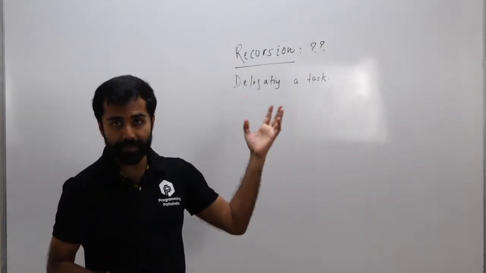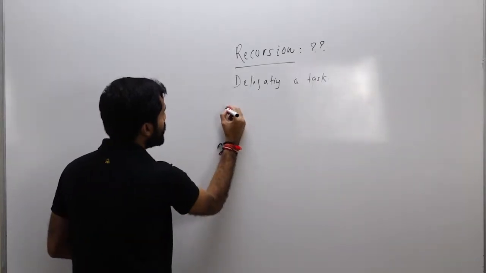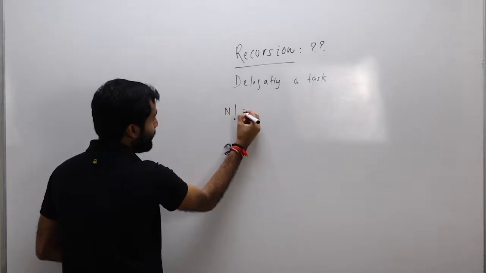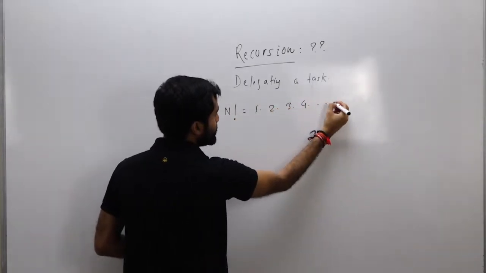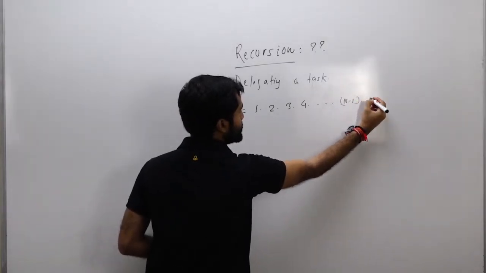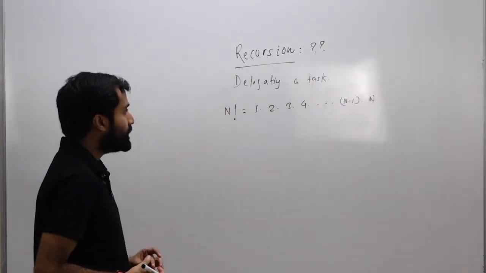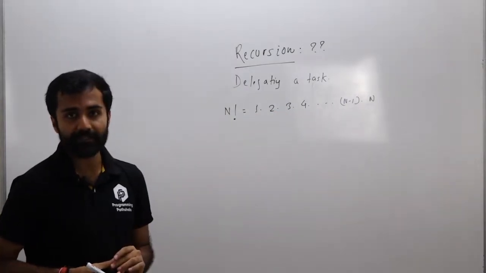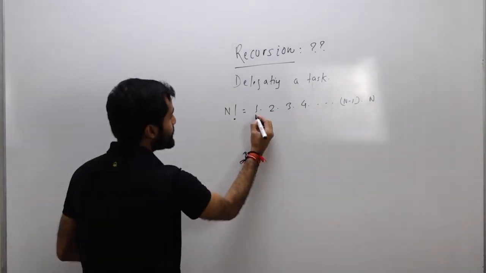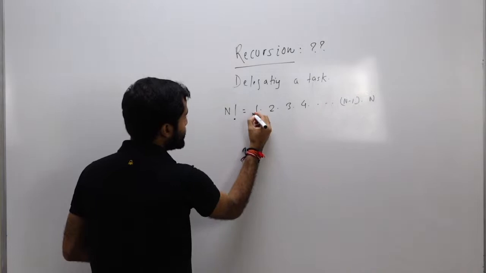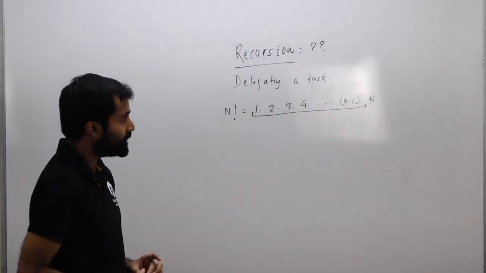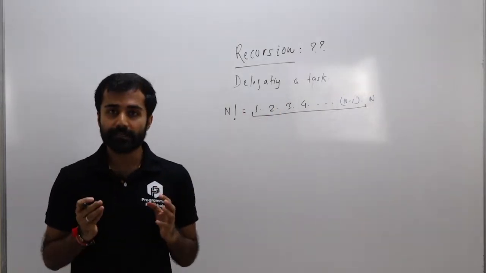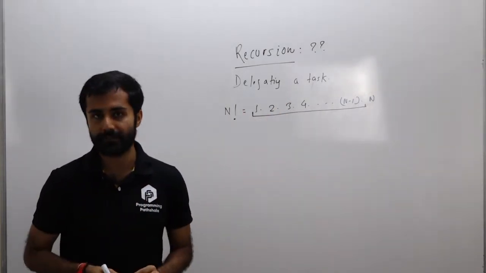To give you a very quick example, all of us know what is n factorial. N factorial is nothing but the product of first n natural numbers, correct? Now as you are looking at this expression and specifically this side of it, I can say that, hey, this part looks to me as if it is product of first n minus 1 natural numbers.